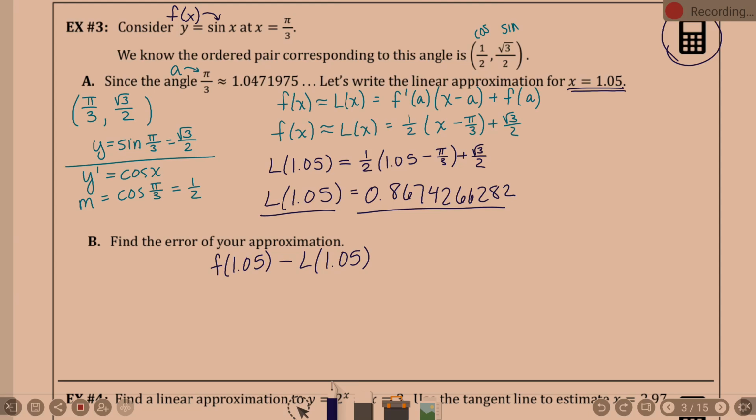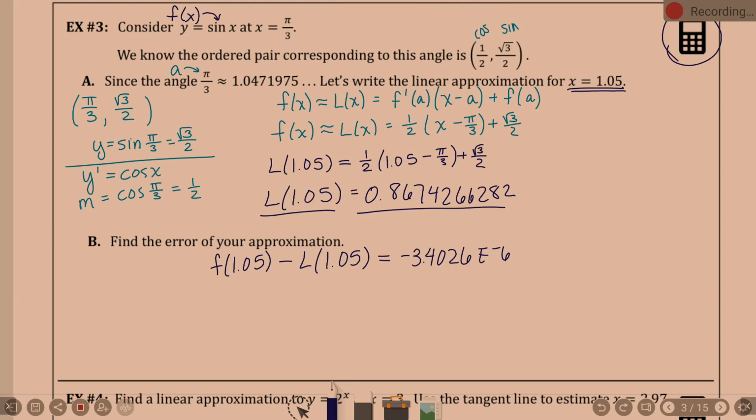No? That's what I got. So my calculator says negative 3.4026e negative 6, which, that's scientific notation, right?